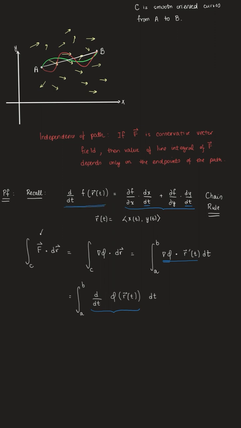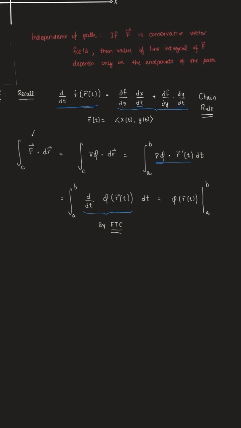Now, by the regular fundamental theorem of calculus, we know that the integral of this derivative is going to be phi of r of t from a to b. That's what the fundamental theorem of calculus says from calculus 2. And that's going to give us phi of r of b minus phi of r of a. So that's the same thing as saying phi at point b minus phi at point a on our curve.